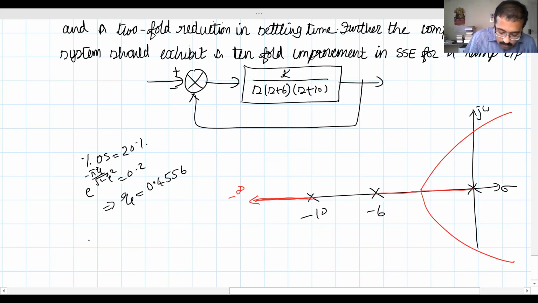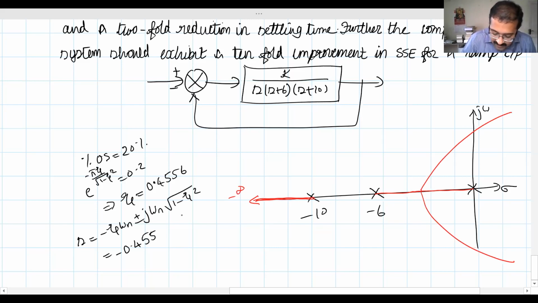So how will you find the dominant pole? Minus zeta omega n plus minus j omega n into root of 1 minus zeta square. So it will become minus 0.4556 omega n plus minus j 0.89 omega n. This is one of the dominant poles.